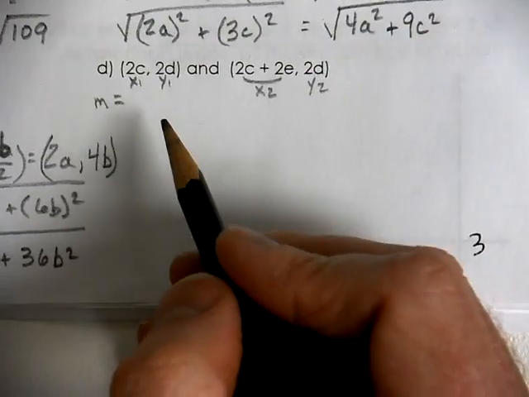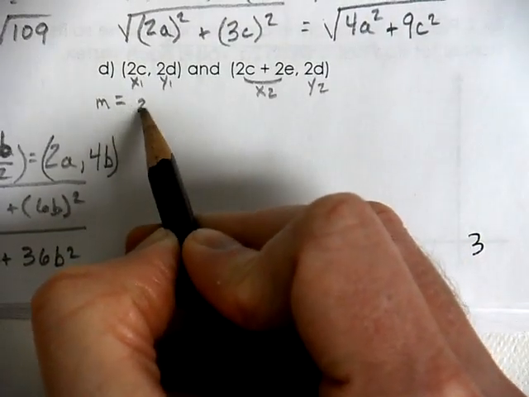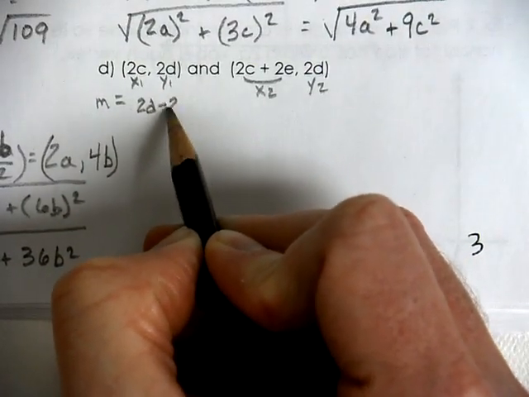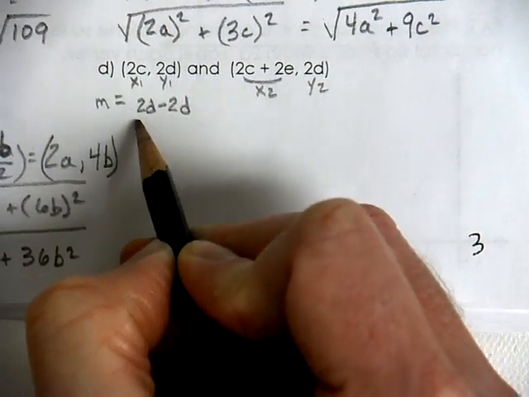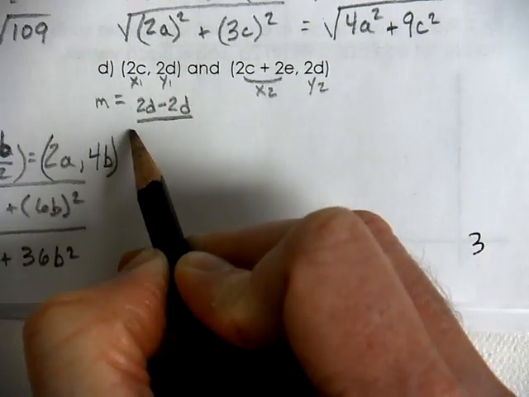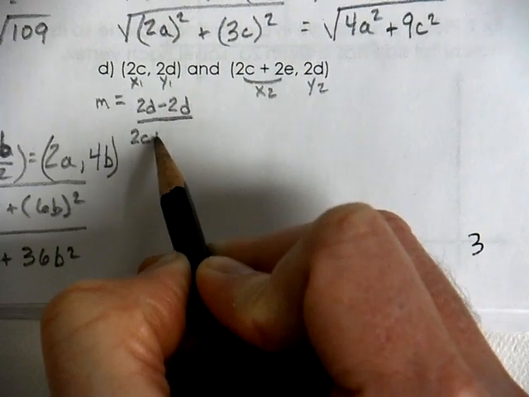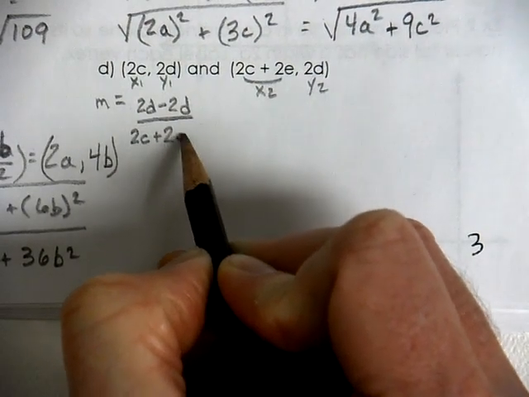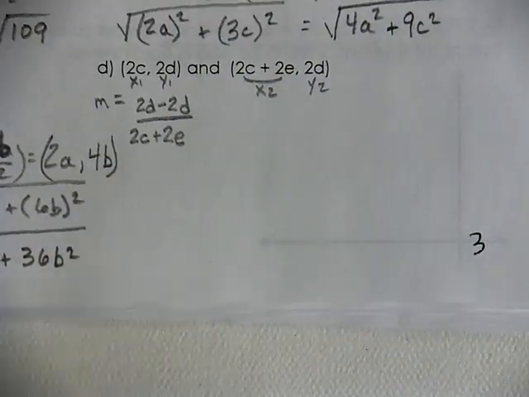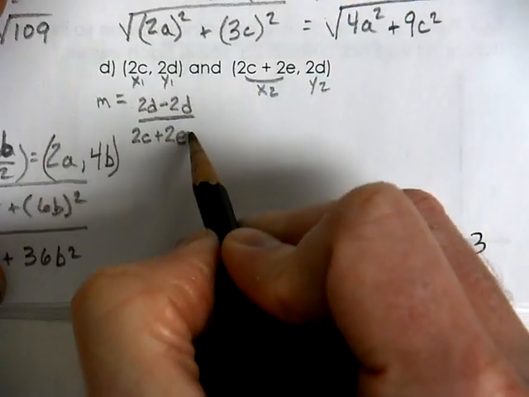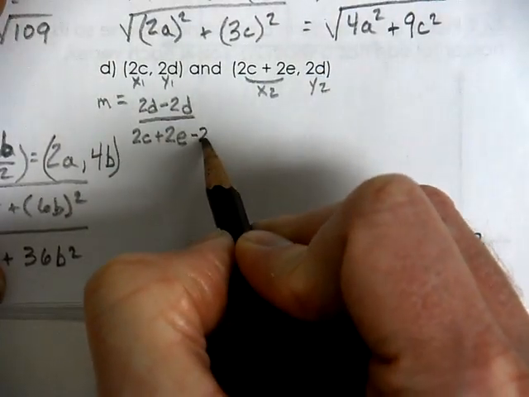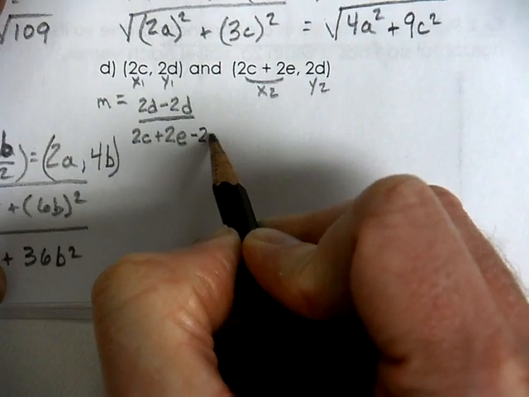So we're going to take y2 minus y1 over x2. That's that whole piece, x2 minus x1.